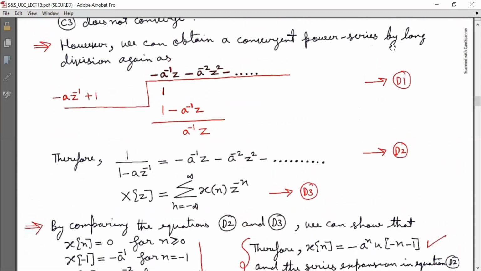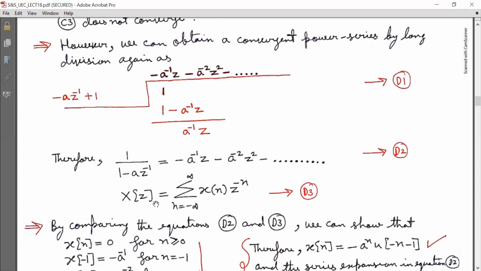Now, following the process of long division as shown on the screen, I can get the quotient minus a inverse z minus a raised to minus 2 z squared minus so on. So I can write equation D2 as 1 by 1 minus a z inverse is equal to minus a inverse z minus a raised to minus 2 z squared minus so on.